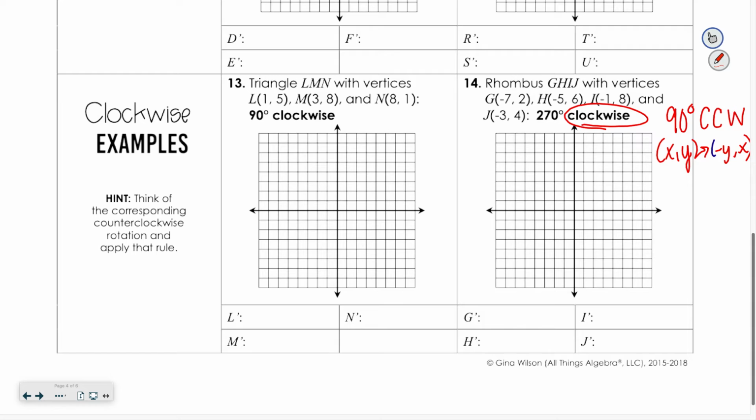You basically find the average of the three vertices. You have three vertices, so the average of the x's and y's: x plus x plus x divided by three.